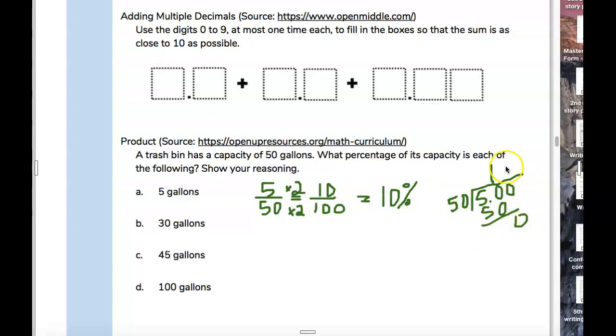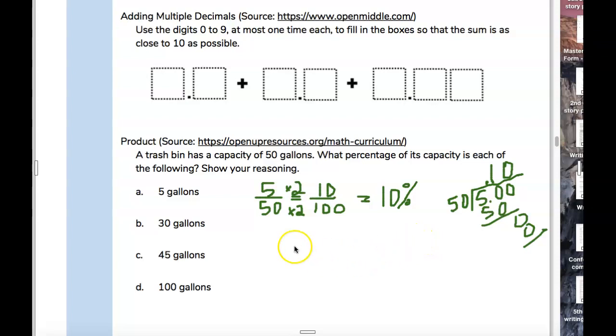How many 50s are in 0? 0. Okay. So now we just bring up our decimal point, and that's 10 hundredths. This is it written as a decimal, 10 hundredths, and 10 hundredths is the same as 10%. Okay? To change it to percent, we just have to move the decimal point 2 places over and put a percent sign. So there's 2 different ways for you to do this, and you do the one that's easiest for you.